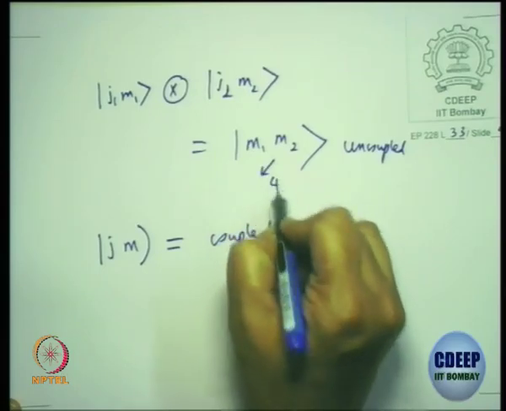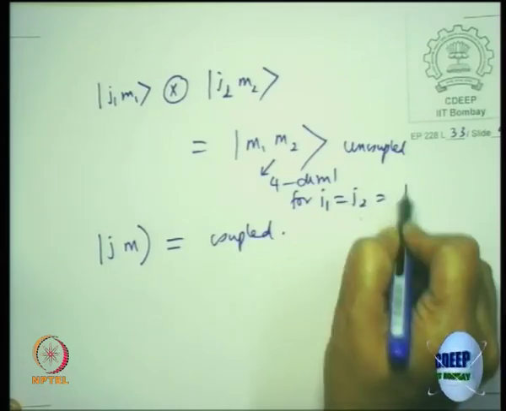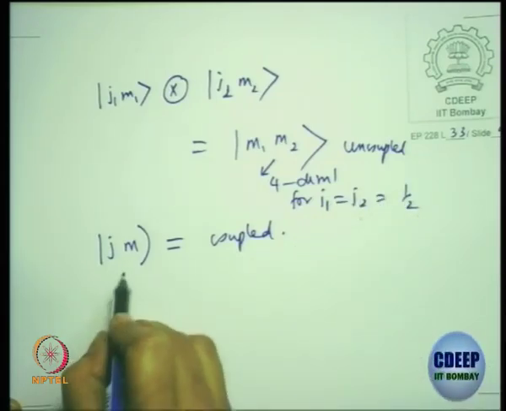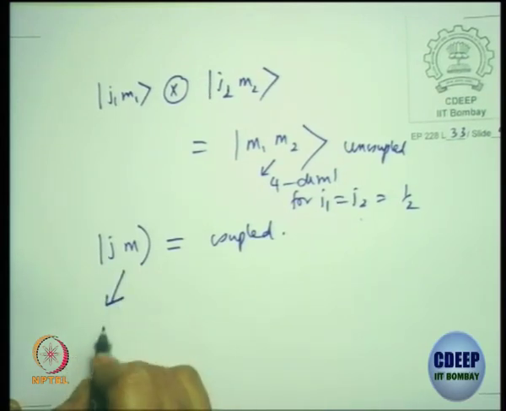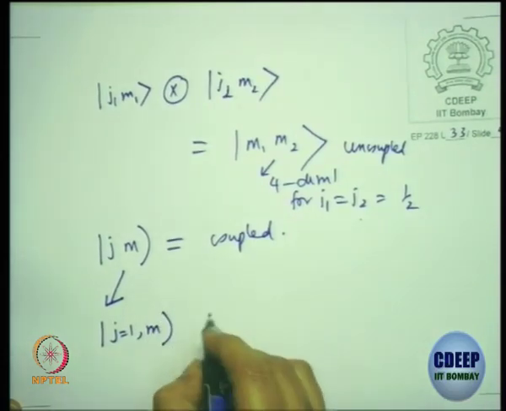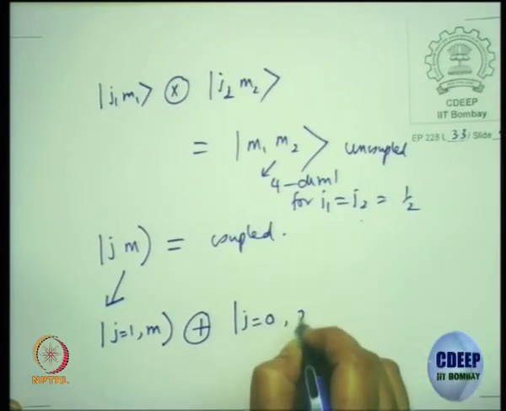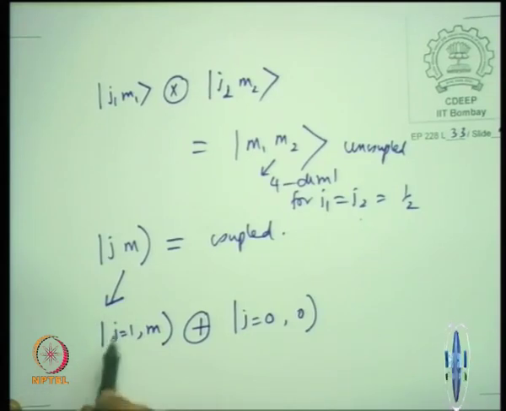This is also 4-dimensional for J1 equal to J2 equal to half, and this one can be written as J equal to 1, M, and a sum with J equal to 0 and 0, right? This is what you saw.